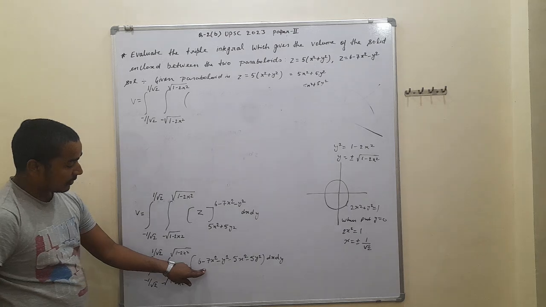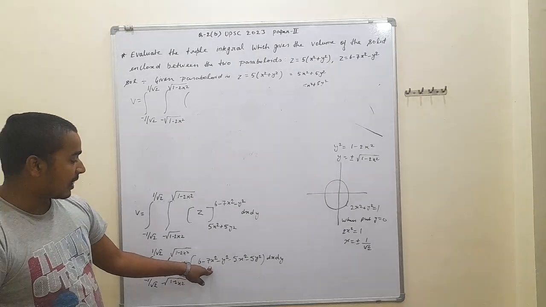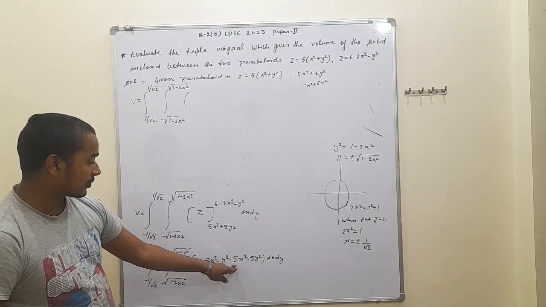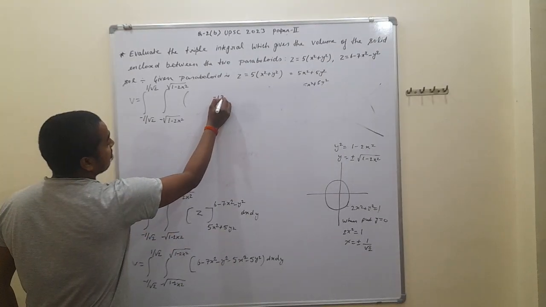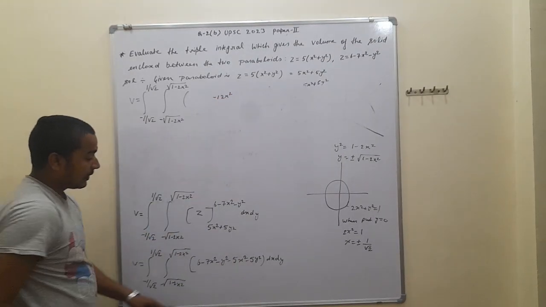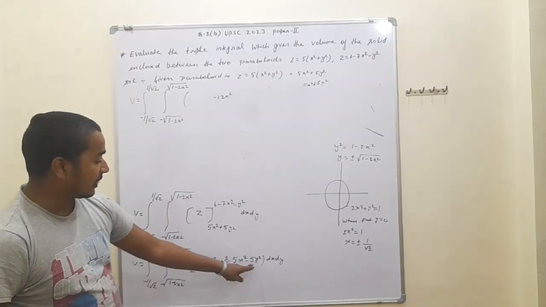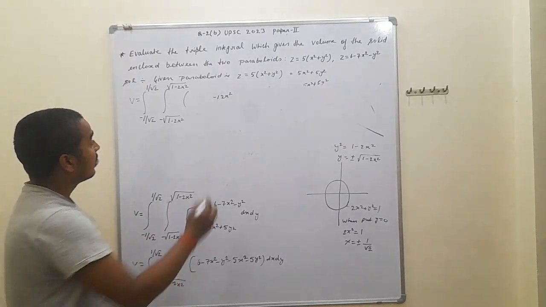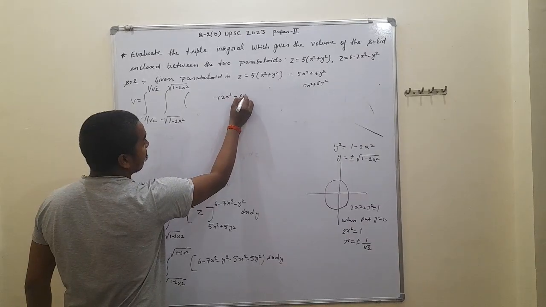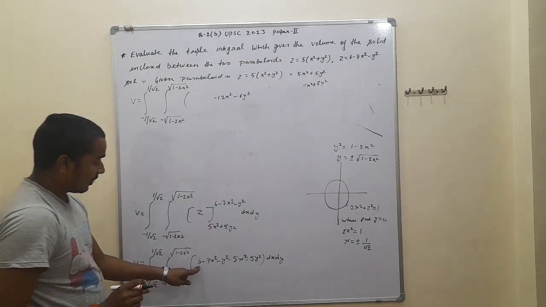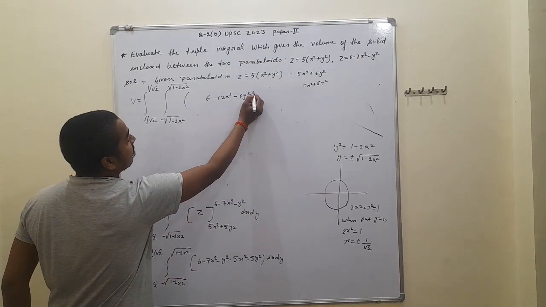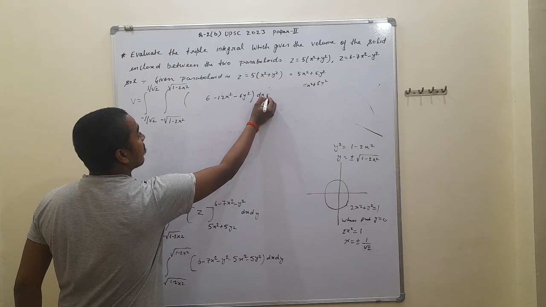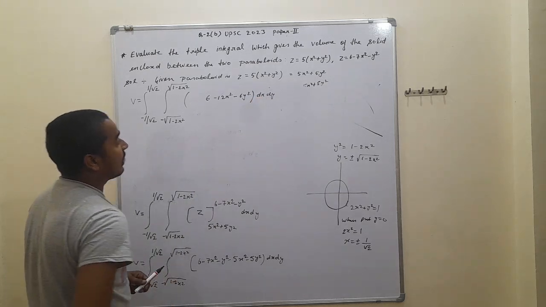From here, that is minus of 7x square and minus of 5x square, that is minus of 12x square, and here is minus of y square and minus of 5y square, that is minus of 6y square, and here is the 6 already present, that is 6 dx dy.